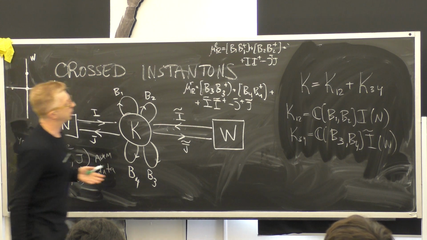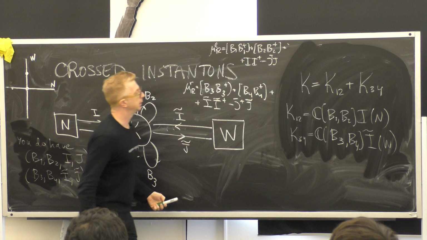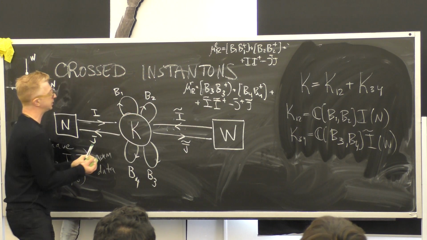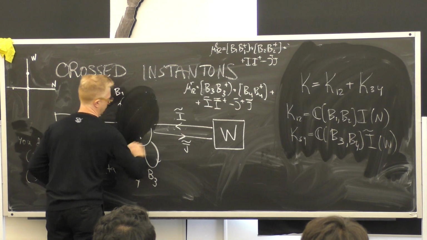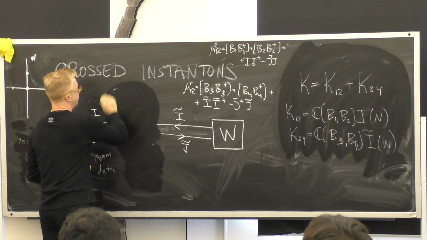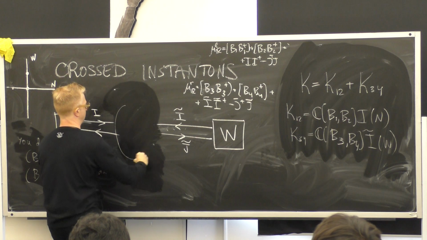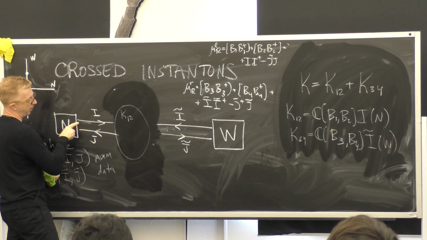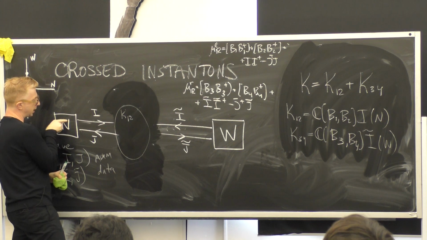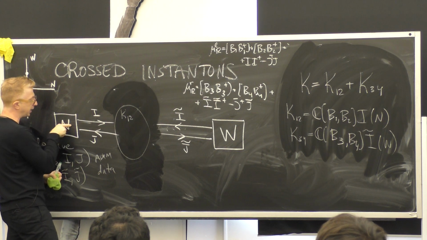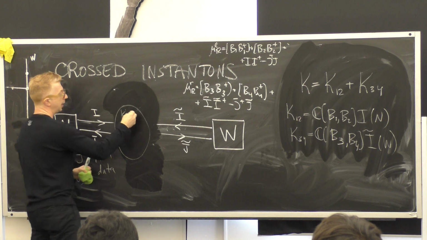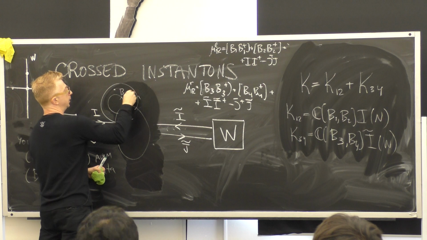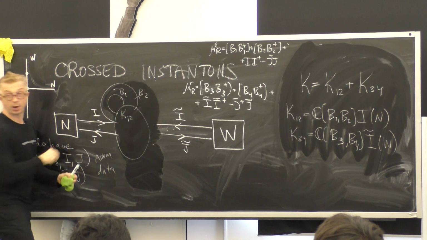Now, if you choose inside the space K a subspace, let's call it K12, it's what you get by acting: I takes you from N to that subspace, and then you act with B1 and B2, and it doesn't take you outside the subspace.